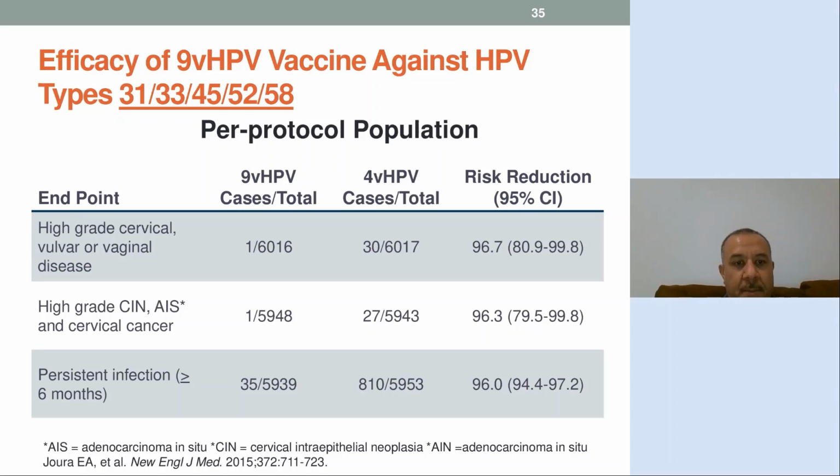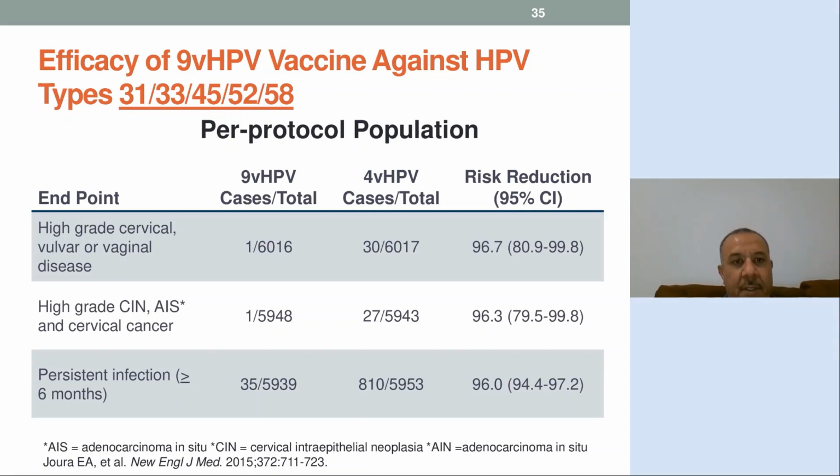This research was published recently, and it was talking about the risk reduction. How much reduction of the cancers related to the 5 strains which were added to the 9-valent. As we said before, in the 9-valent they introduced 31, 33, 45, 52, 58.